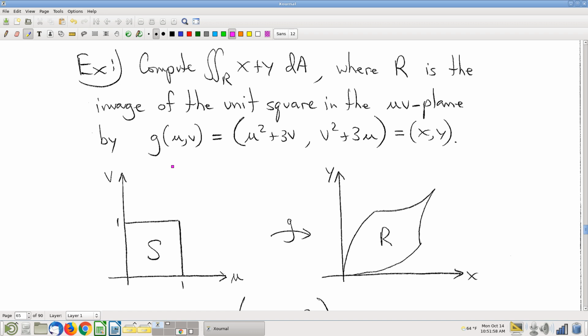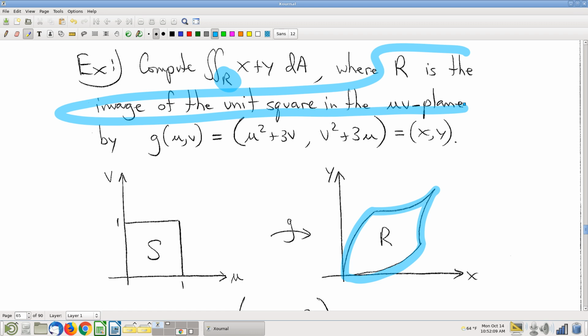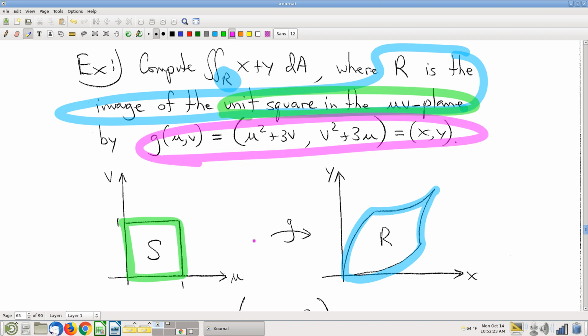But let's suppose I'm interested in doing an integral on this domain, that domain R, given as an image of the unit square in the UV plane, specifically the image by way of this function G. So there's the phrasing of the problem.